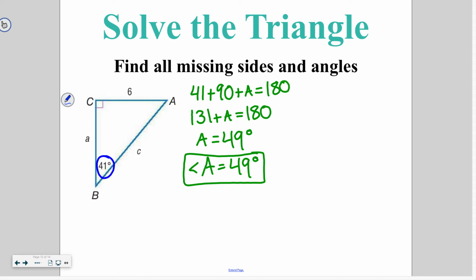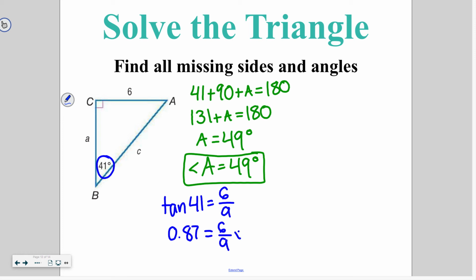So I'm going to go ahead and say the tangent of 41 is equal to the opposite, which is 6, over the adjacent, which is a.